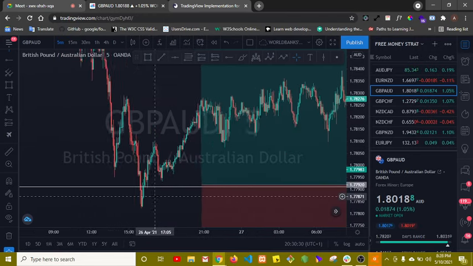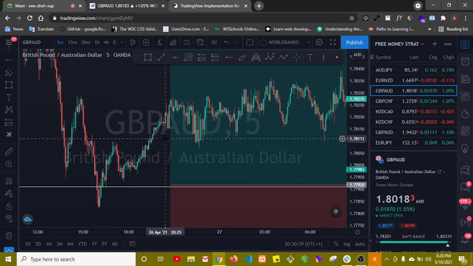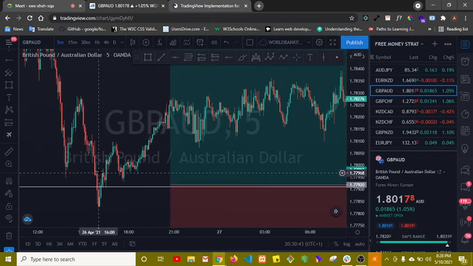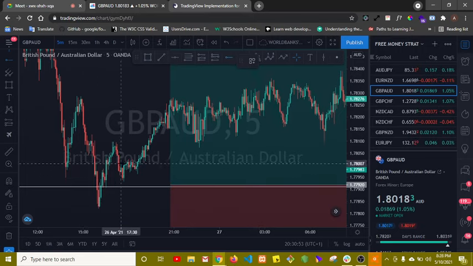So you can see here we have a nice bullish push to the upside, kind of a break of structure here, a break of structure here also. Nothing much at this point. Okay, this is a break of structure here. There's another order block here. Now this is a break of structure.